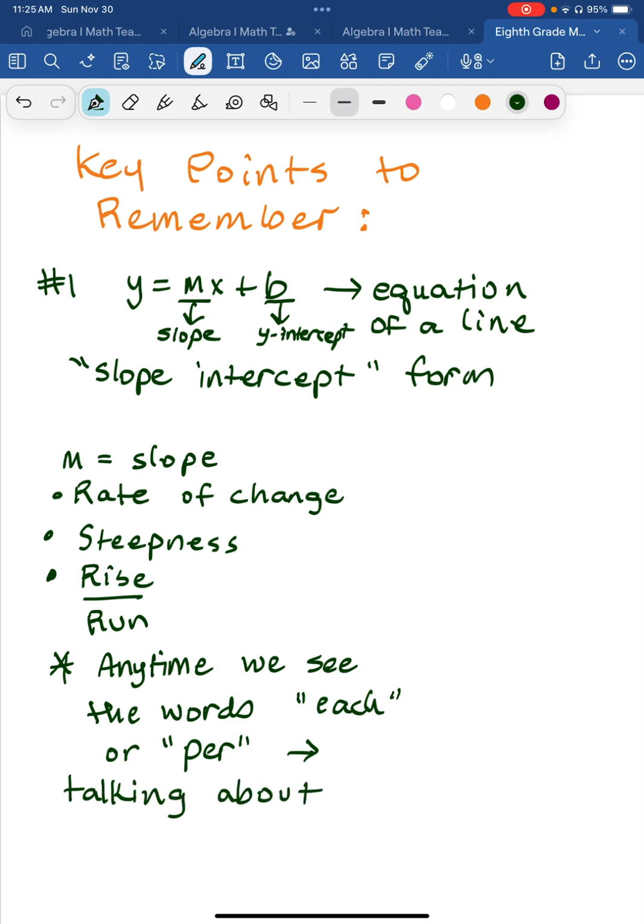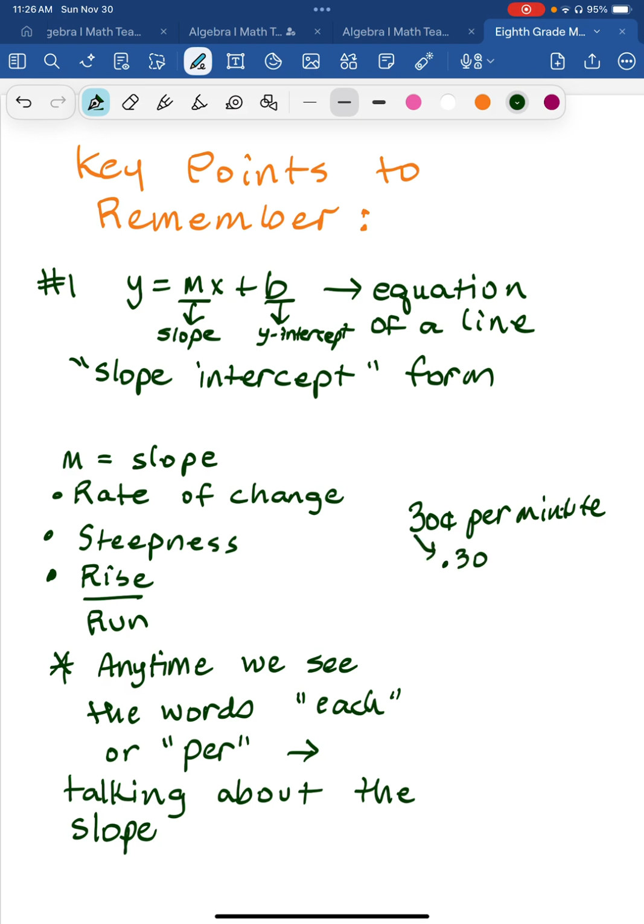So, for instance, if they say two friends went to the movies and the price for each was $8, then we know that's the slope. If they say you bought a new cell phone and it costs 30 cents per minute, then the slope would be 0.30, 30 cents.